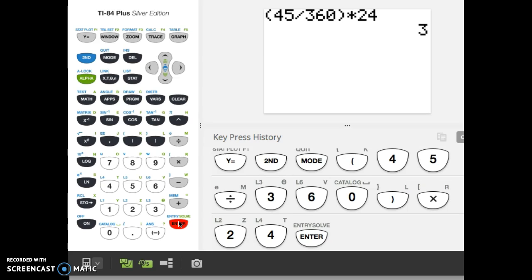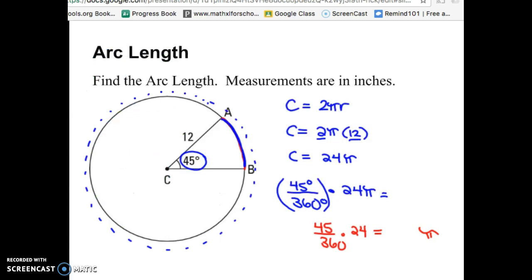If it was a decimal or a fraction, what you could do is hit the math button and then change it to a reduced fraction using the reduced fraction button on your calculator. So I just put this in my calculator, I realize that's 3, so 3 pi is my answer. If they want that as a decimal, in your calculator you can just type in 3 and pi and hit the pi button.